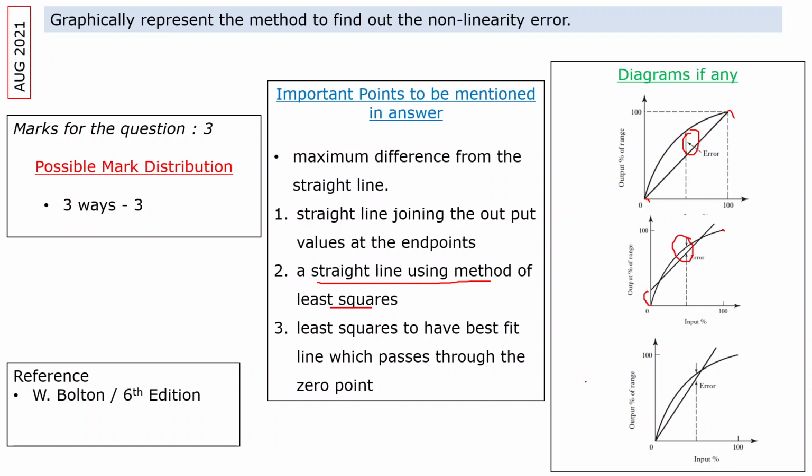Now the third one, again you are using the least squares, but it is passing through the origin, and this is having the error. So in method 2 and method 3, you are using the method of least squares, but in the first case there will be a y intercept here. In the second case, it is passing through the origin.